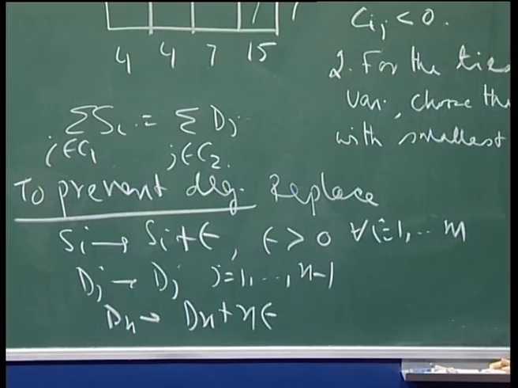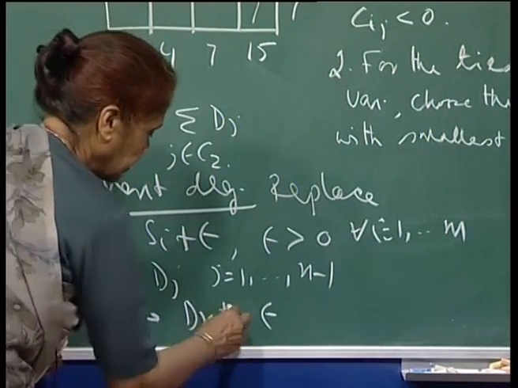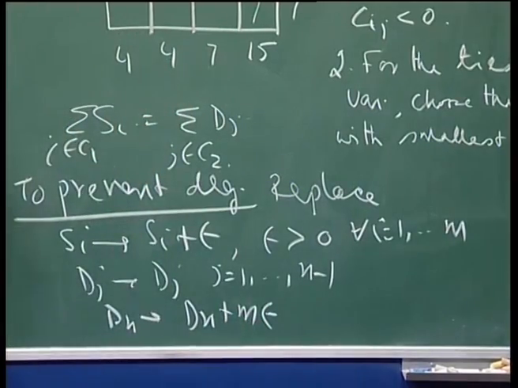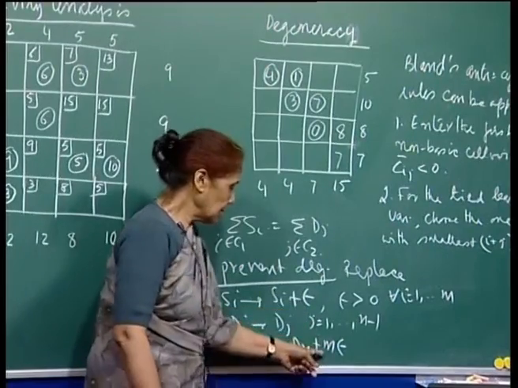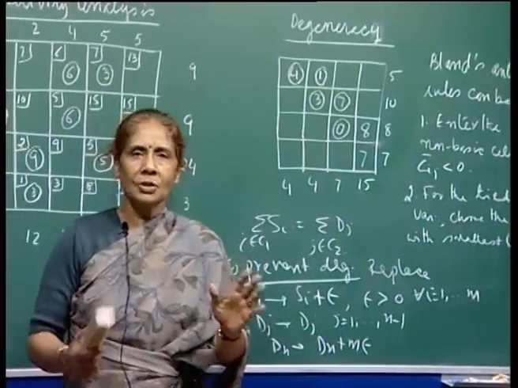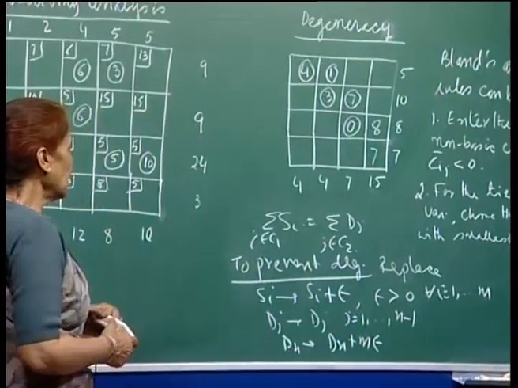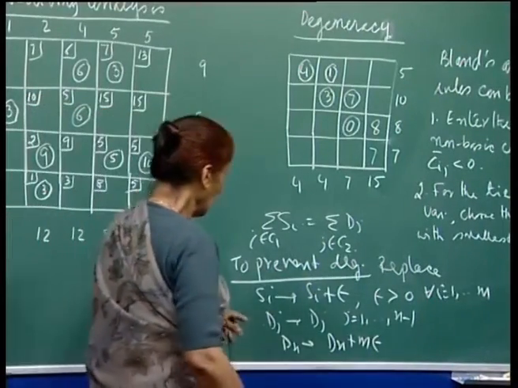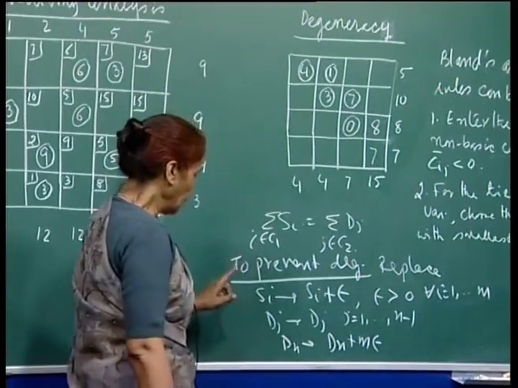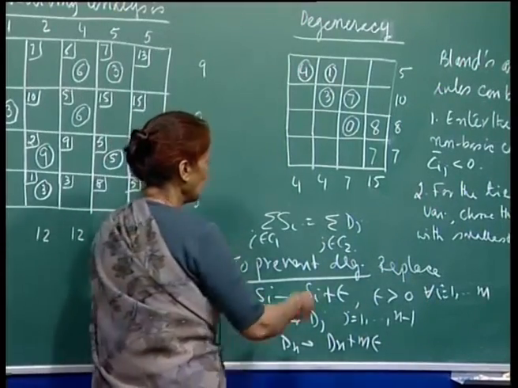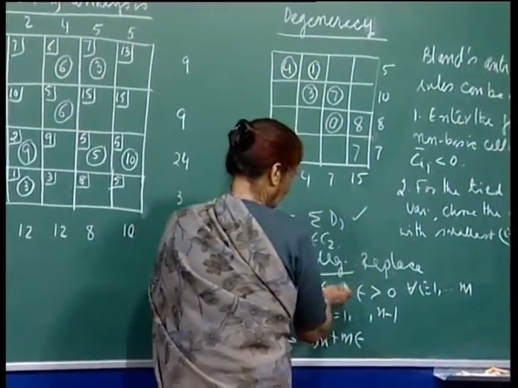Remember, the problem has to remain balanced. So if you have added m epsilons to the supplies, the demand numbers should also be increased by m epsilon. So I just increase the last one by m epsilon, and you can see why this would work.